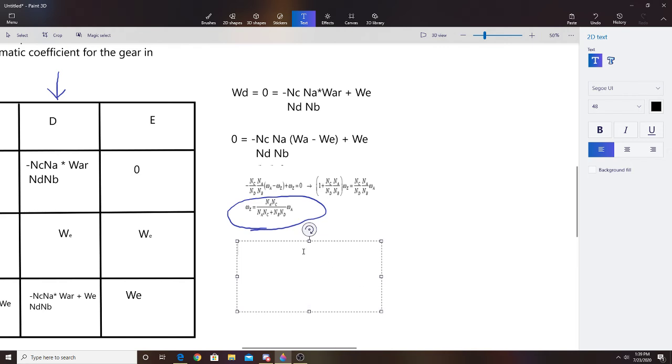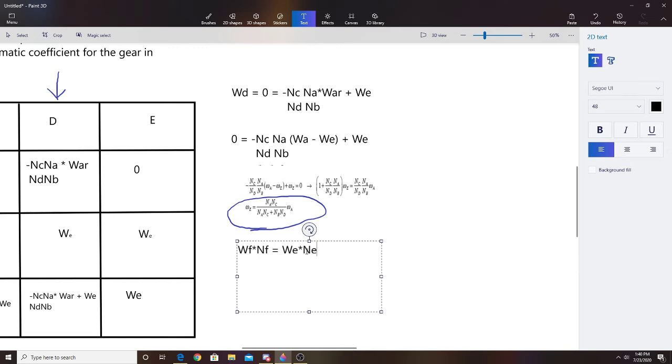But it's just notation. It's more notation than the problem being correct or incorrect. But essentially, you do the exact same thing. You do WF times NF is equal to WE times NE, right? Same contact equation as before, right?